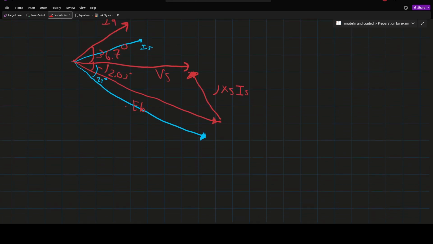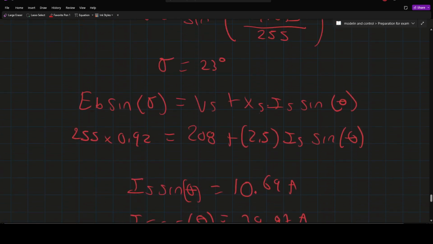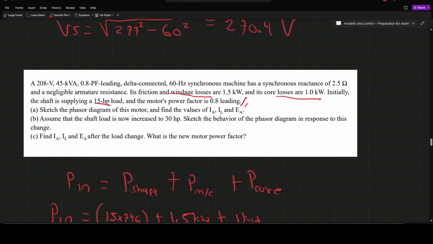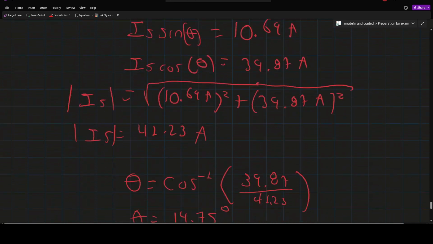And if we see our power factor, that's going to be cos of 14.75. We get a better power factor. Okay, so just be careful with these exercises, because you will think that you can keep using the angle from the power factor, but that's not the case.